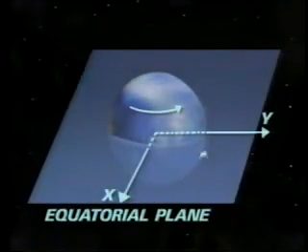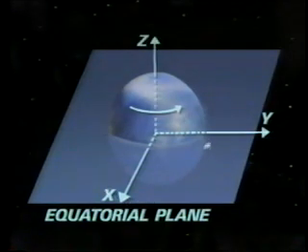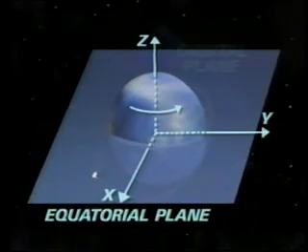The XY plane is the Earth's equatorial plane. The positive x-axis points to the vernal equinox. This is the point where the Sun appears to cross the Earth's equator on its way north on the first day of spring each year. The z-axis is along the Earth's spin axis toward the North Pole.